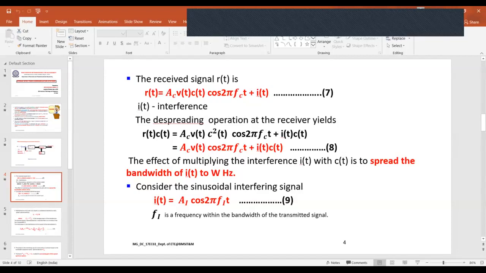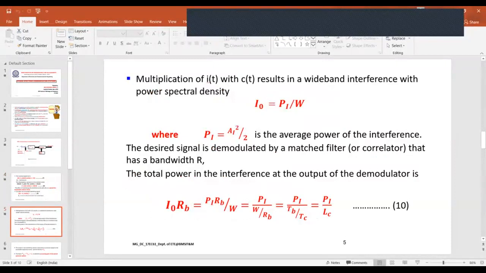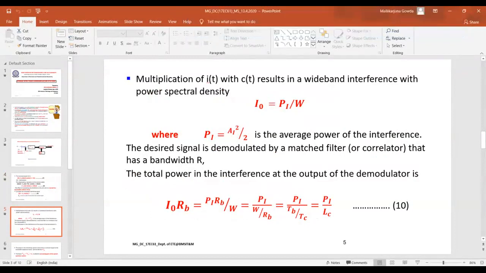So I denote that as I of t, which is equal to A_I cos 2 pi f_I t, where f_I is the frequency within the bandwidth of the transmitted signal. So the multiplication of the interference signal with the pseudo noise code results in a wideband interference signal, right?